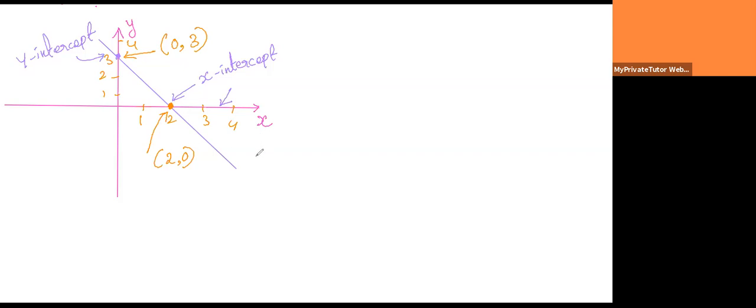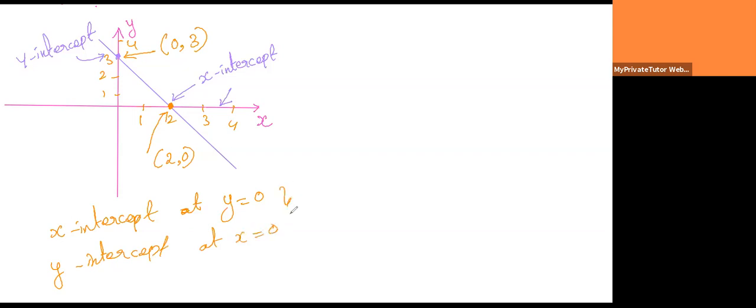For x-intercept, y value is always 0. Rather, for y-intercept, x value is always 0. I hope you guys understand this.